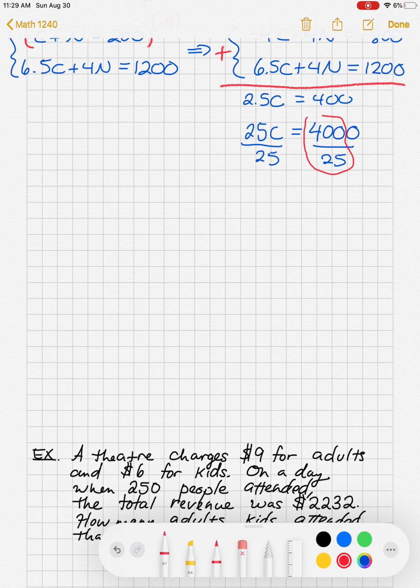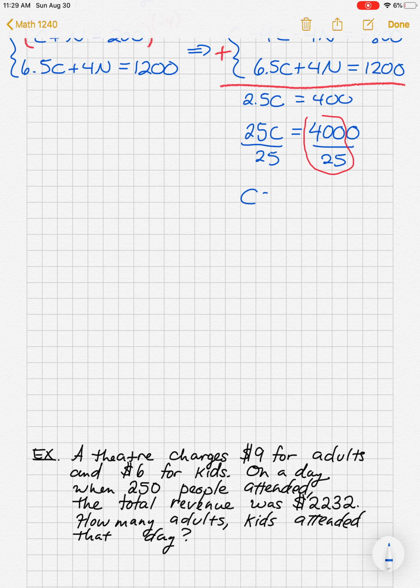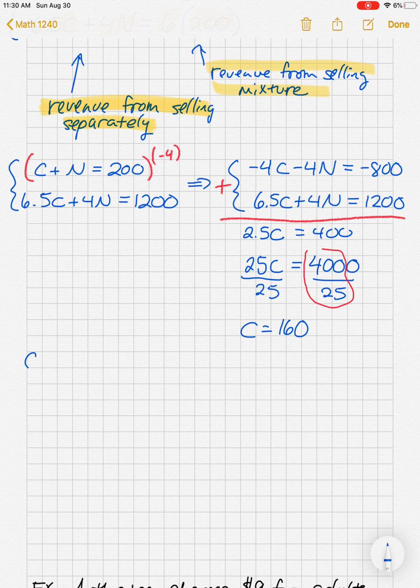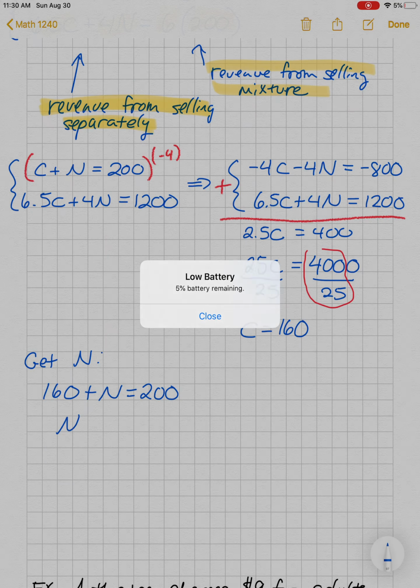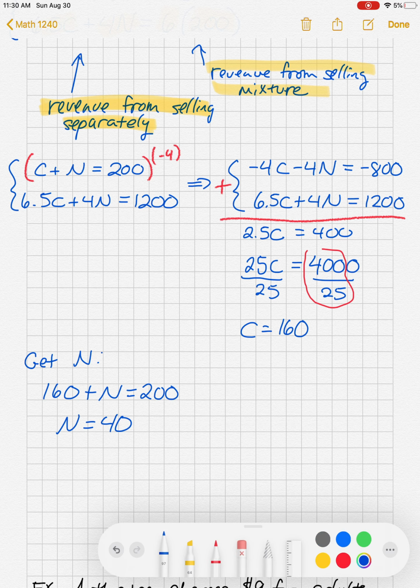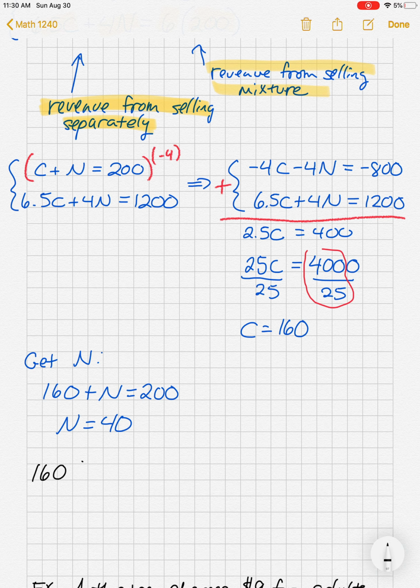So 400 divided by 25 would be 16, and then add a 0. Did I get that right? 160. Okay, now I still have to get the matching n. So let's see. C plus n is 200. So n would have to be 40. So what is my conclusion? 160 pounds of chocolate, 40 pounds of nuts.